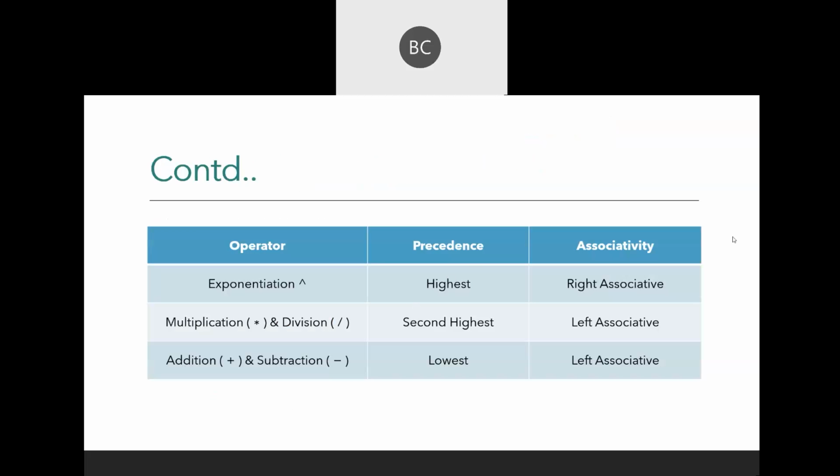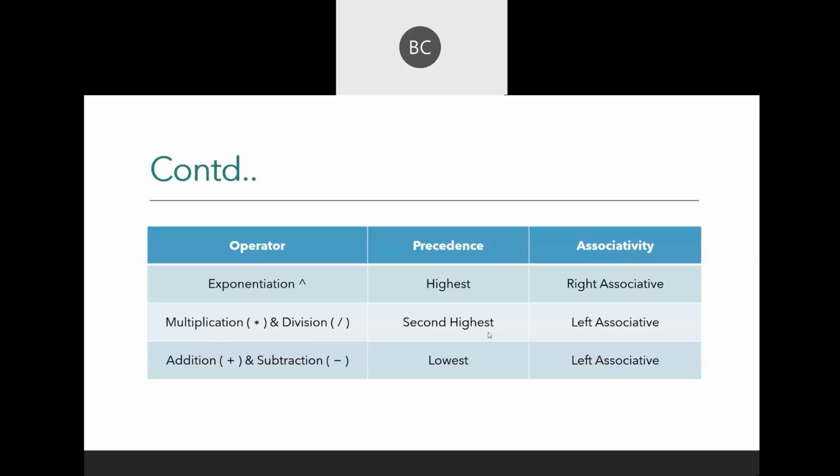Here I have made this table. It will be easier to understand. For every operator, we have different precedence and associativity. Exponentiation has the highest precedence over any other, and its associativity is right, meaning you evaluate from the right side. Then comes multiplication and division.